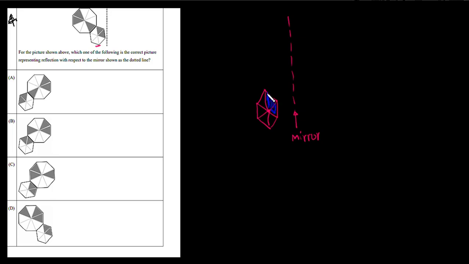So now here we have to find the reflection of this image. Simply you can see, this side is parallel to this mirror, so in the same way it will be reflected at the same distance in this mirror. So I can say this first side will look like this, and the same way.